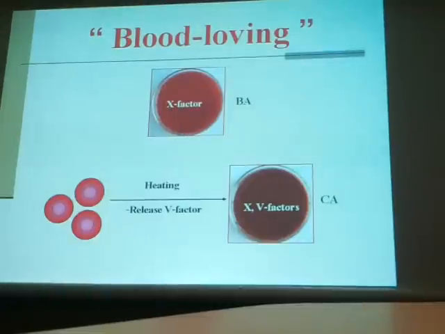So X factor is found on blood agar, whereas X and V factors are found on chocolate agar, because we heat the blood, so lysis of the RBCs occurs and the V factor is released. So Haemophilus, because it needs X and V factors, will grow on chocolate agar.